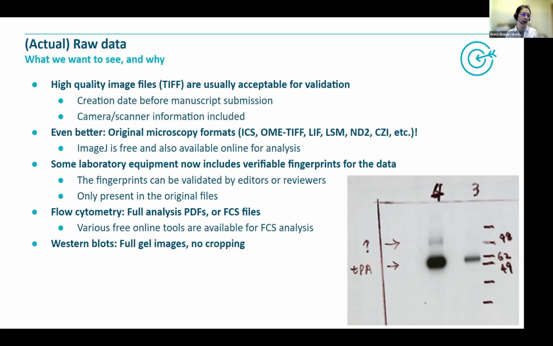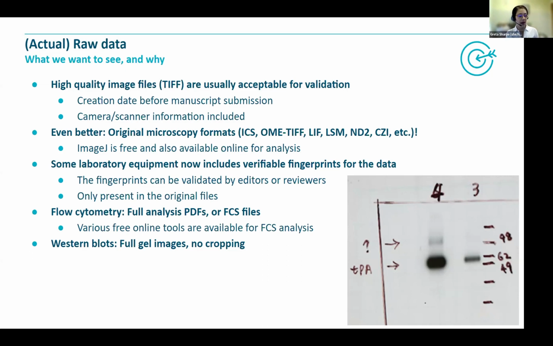And another frequently manipulated data type is flow cytometry, which usually comes in PDFs. So you can ask the authors for different types of PDFs or the original FCS files, which again you can analyze online.